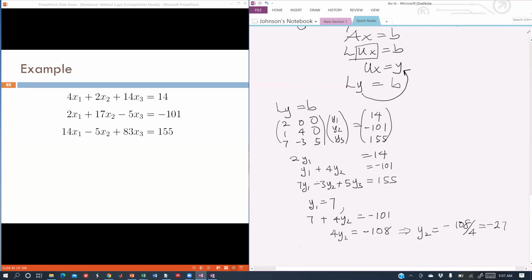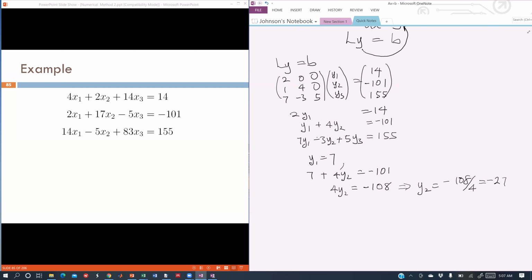Then y3, so substituting into equation 3, we're going to have 7 into y1, which is 7, minus 3 into y2, which is minus 27, plus 5y3 is equal to 155. So this gives us 49 here.